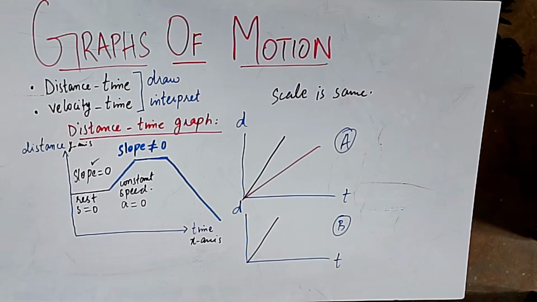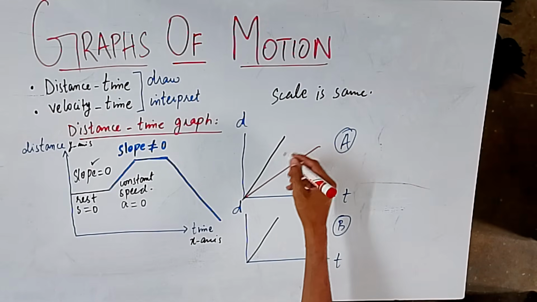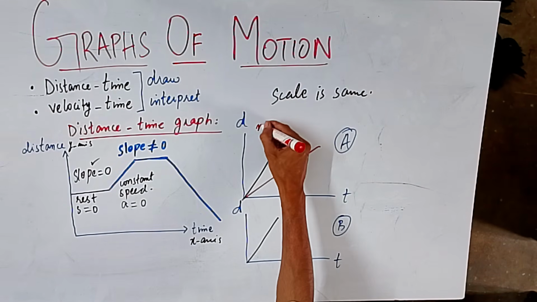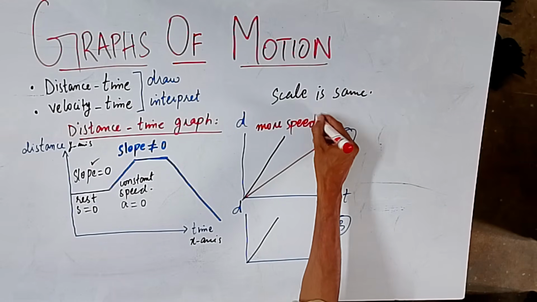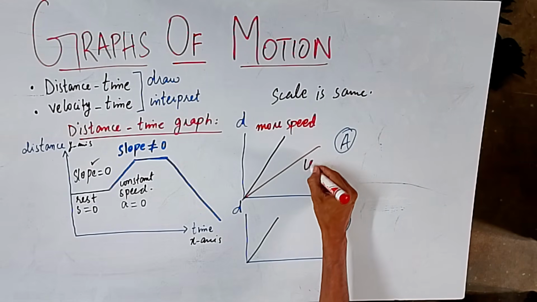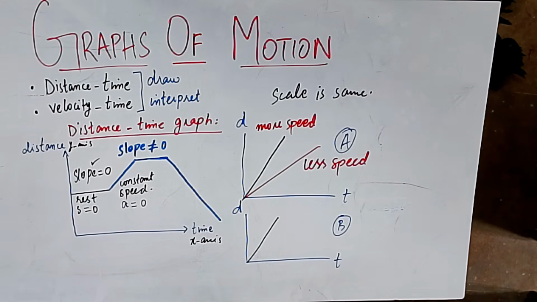But the steeper the line, or the more slope the line has, the more speed, or greater speed. Or slower object. Okay, so if the line is steeper, if the slope or gradient is high, it means the object's speed is greater than the line which is showing less slope.